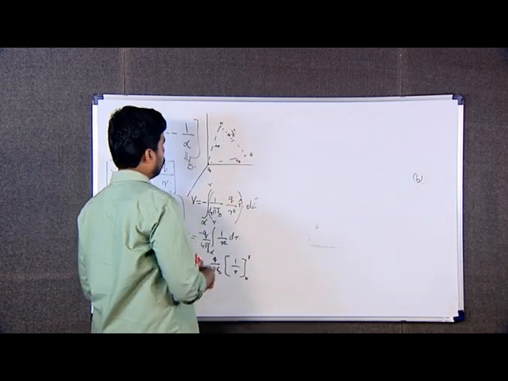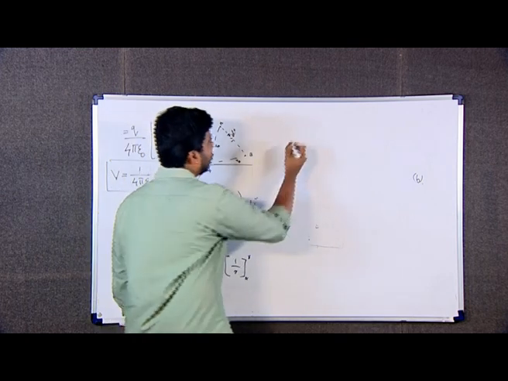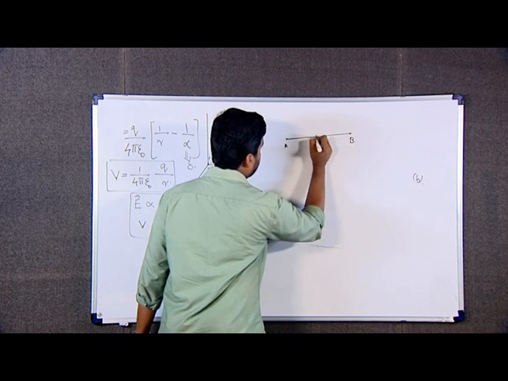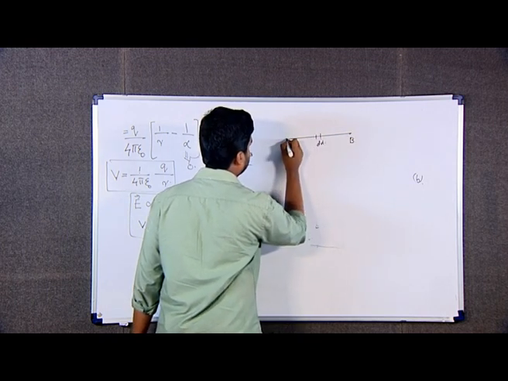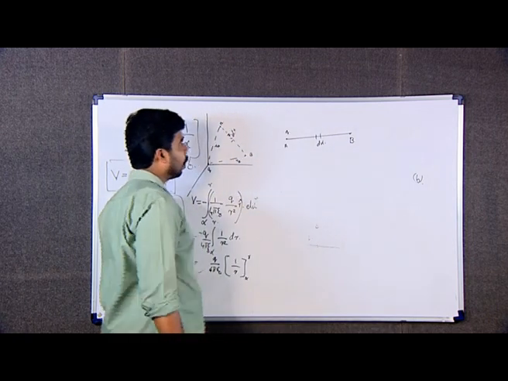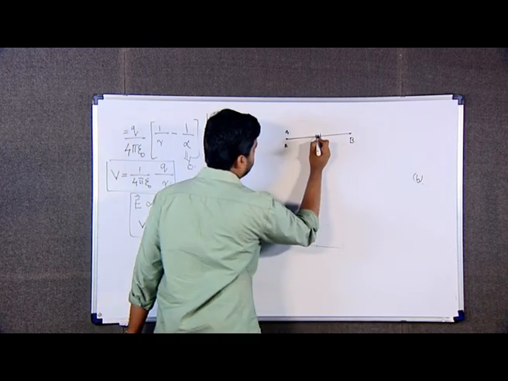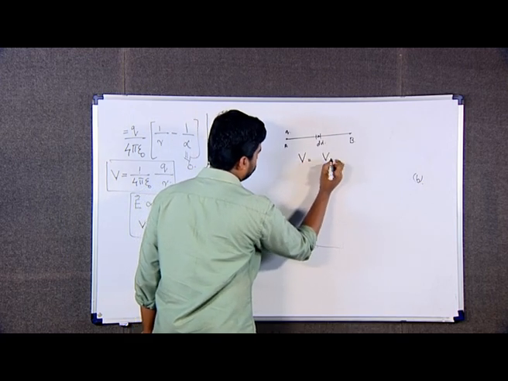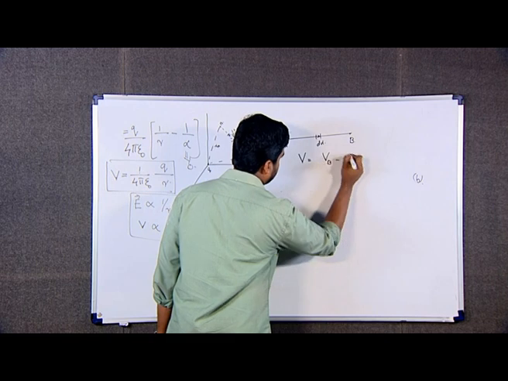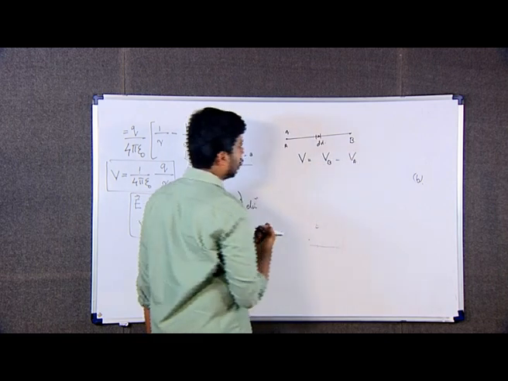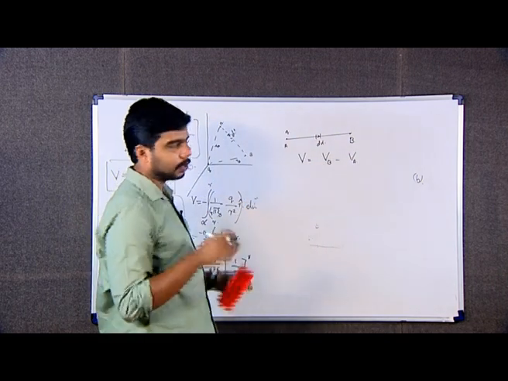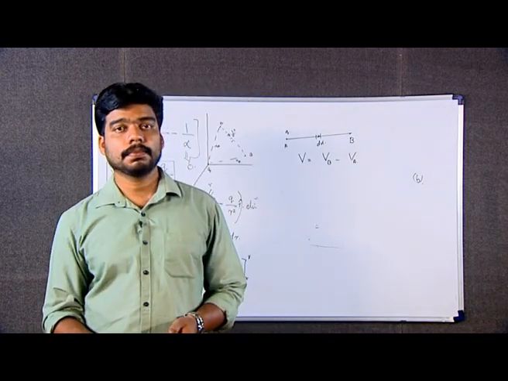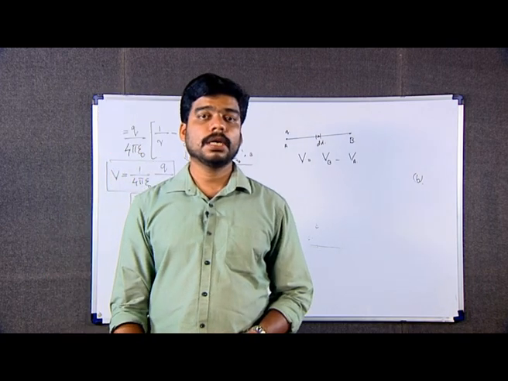In this diagram you have 2 points A and B, and you are moving a unit positive charge along this line with a displacement dl. Then the potential difference is the potential at point B minus point A, with the sign depending upon which one is the higher potential and which one is the lower potential. So, this is the potential difference.